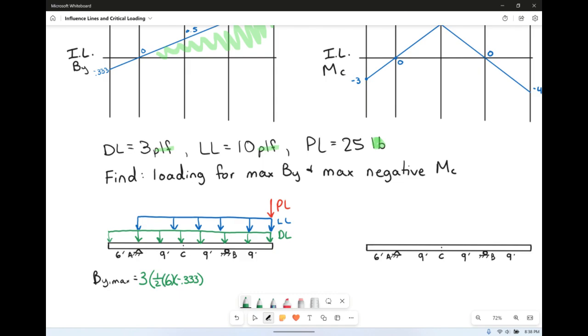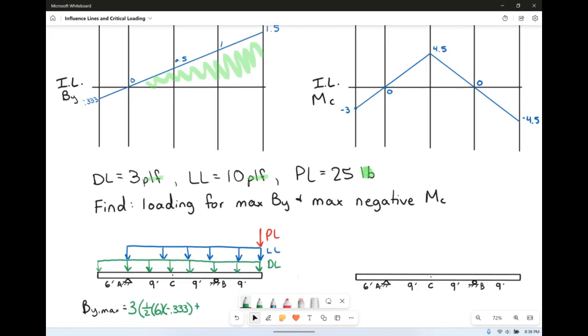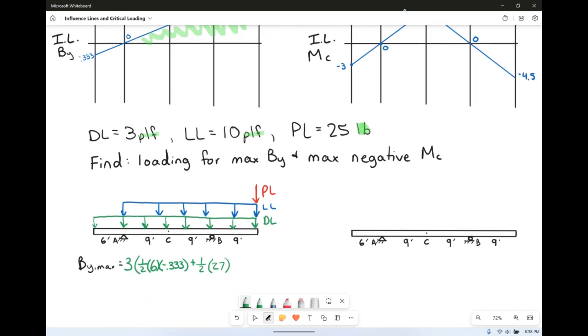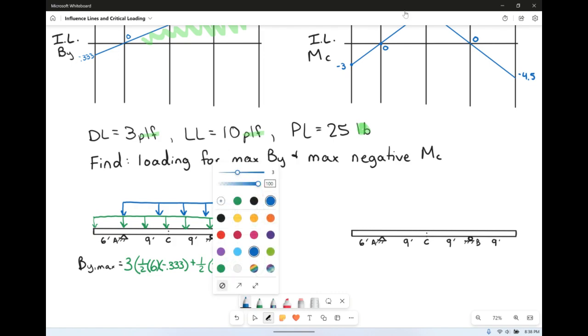So not too good there. It's going to subtract a little bit. That's okay. Then we also have the big triangle. So we have 1/2, the base there is 9 plus 9 plus 9, that's 27, times the height of that triangle, which goes all the way up to 1.5. So all of that is the dead load.